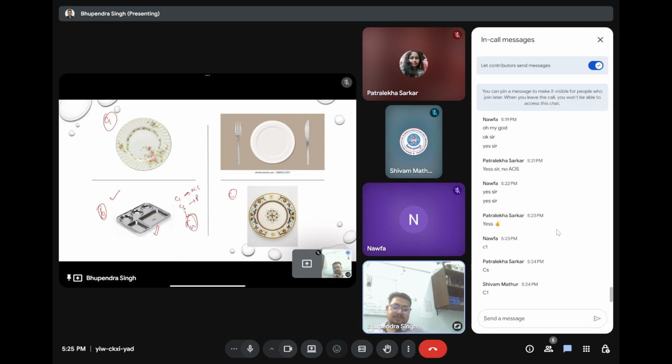Sigma is not present because this is 3D. This sigma h is not containing your full plate.